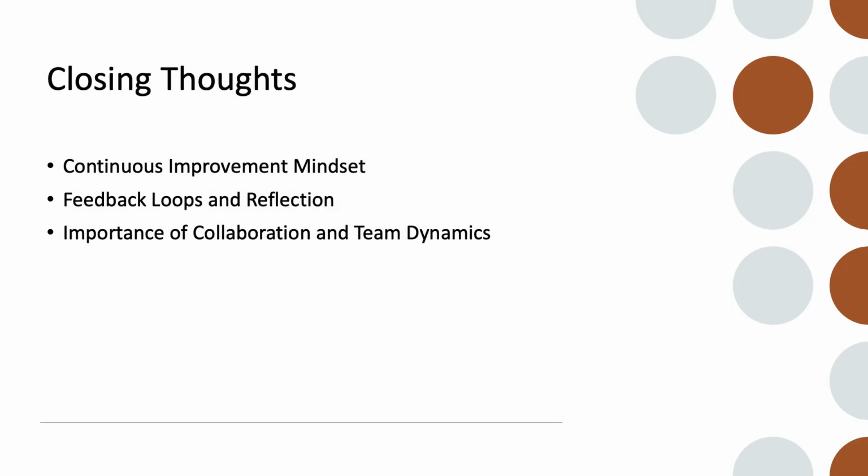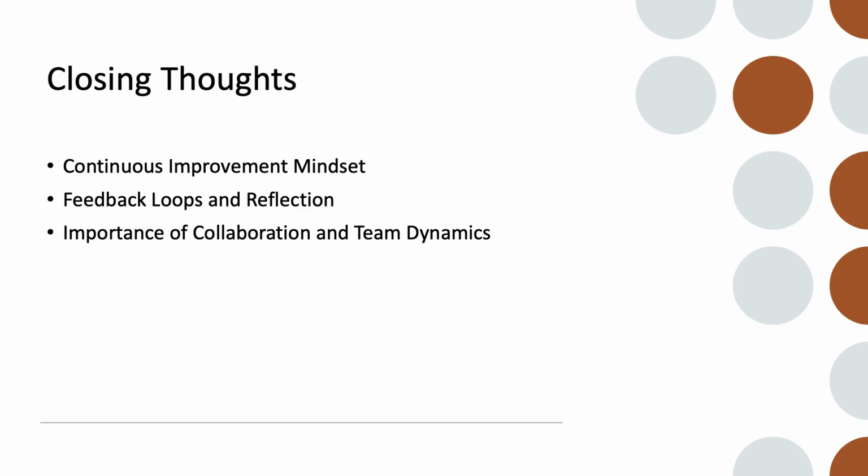To recap, effective code reviews are essential for ensuring the quality, maintainability, and scalability of software projects. By embracing a mindset of continuous improvement and fostering a culture of review and feedback, teams can achieve higher levels of software quality and team cohesion.